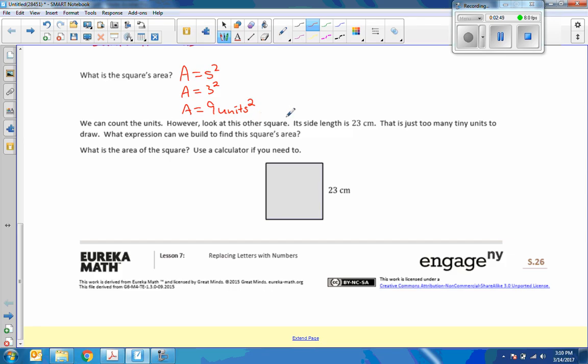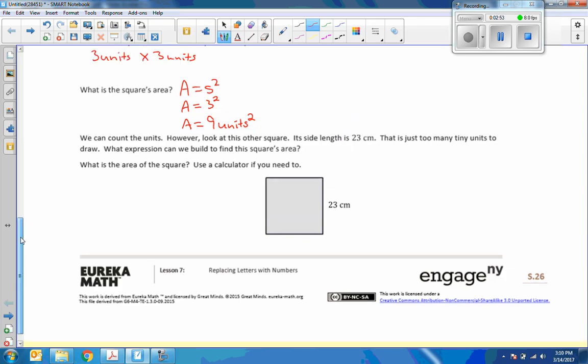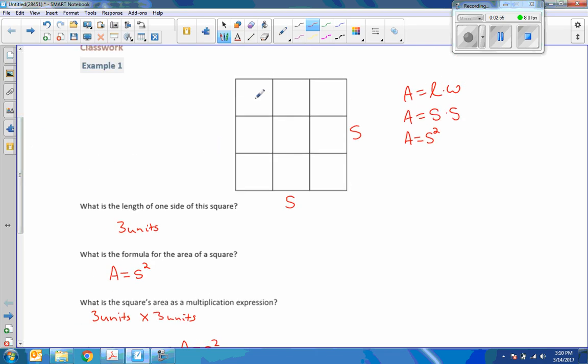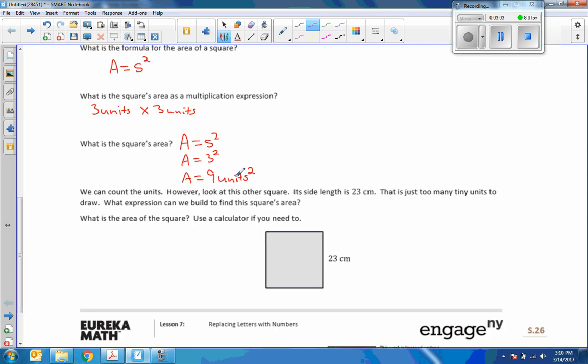However, look at this other square. Its side length is 23 centimeters. So what they're saying here is, I could have simply said 1, 2, 3, 4, 5, 6, 7, 8, 9. Well, this has 9 squares, so it's 9 square units. Okay? It's true.